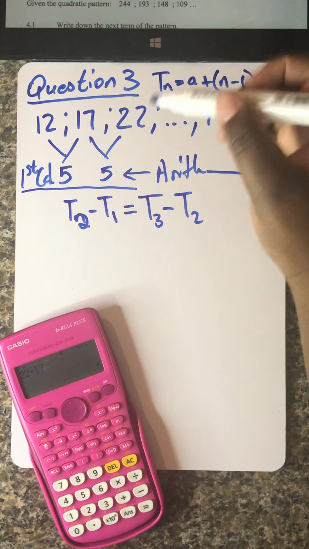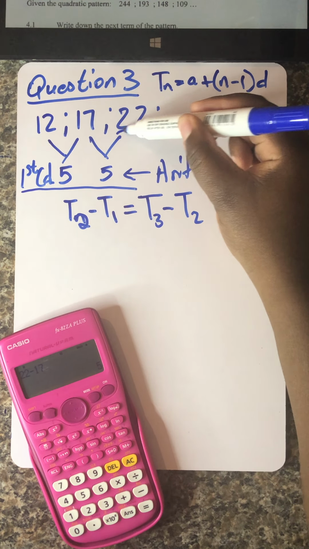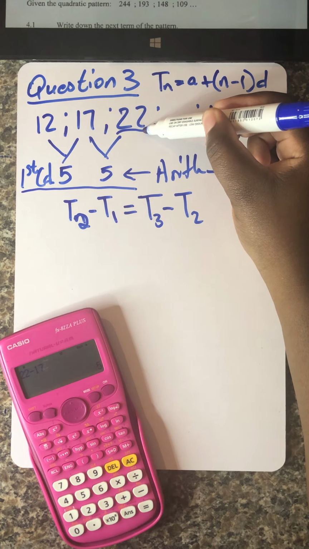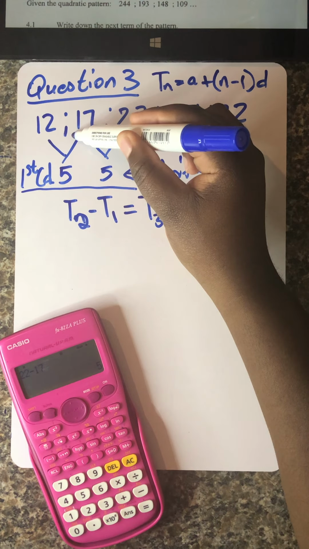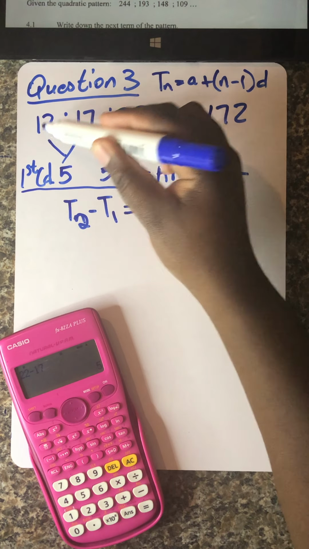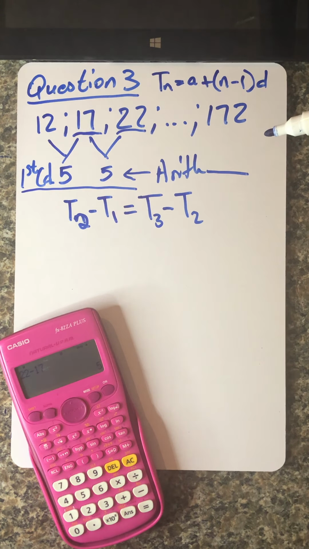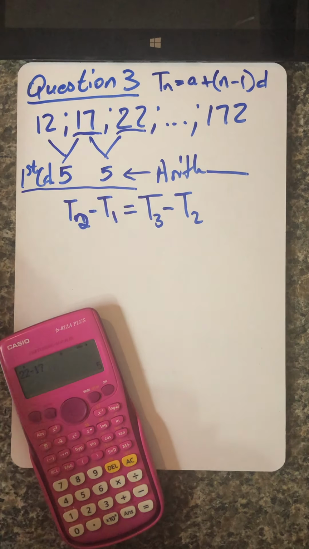It's just a term, and then you subtract the previous term. You subtract the previous term from the next term. Not sure if it makes sense, guys, but it's that easy.